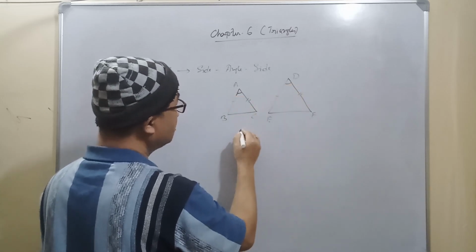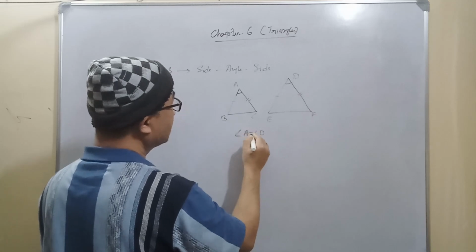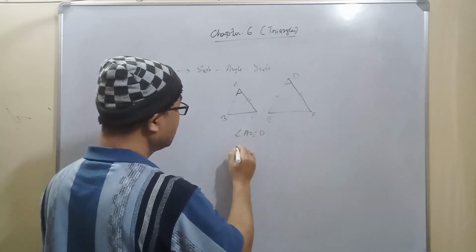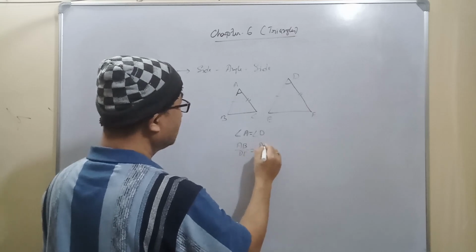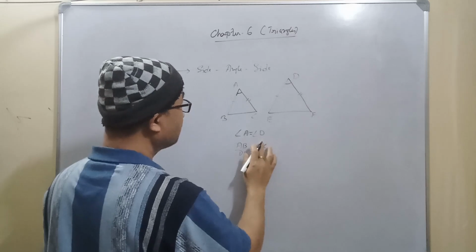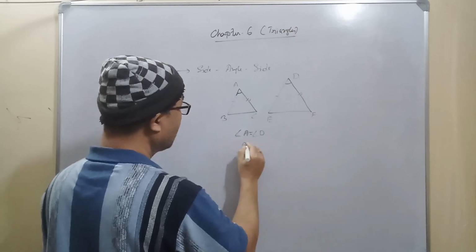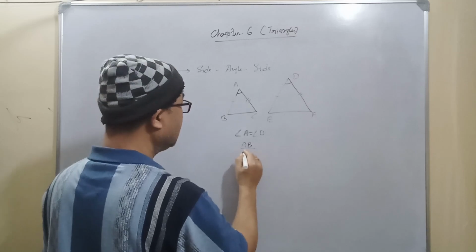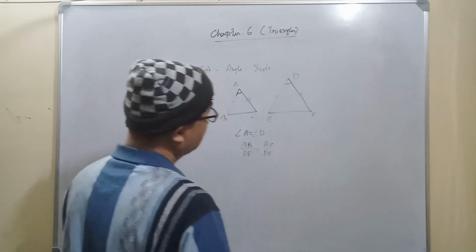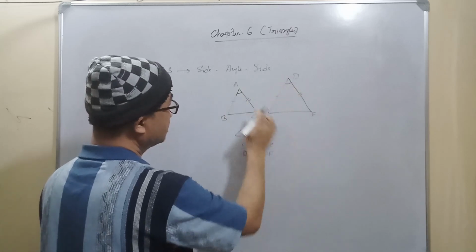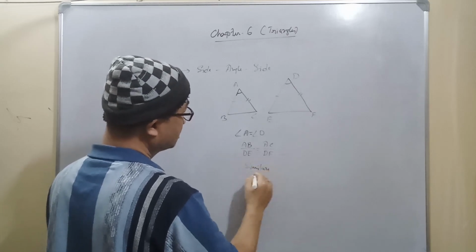If angle A is equal to angle D, and AB by DE is equal to AC by DF, so the two triangles are similar.